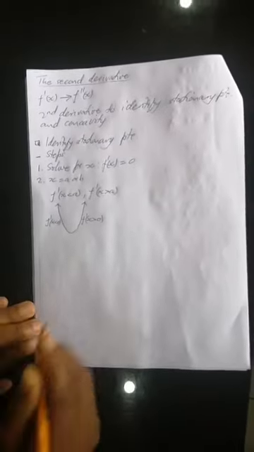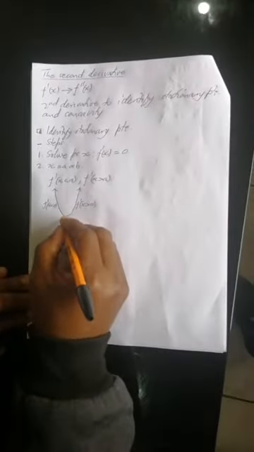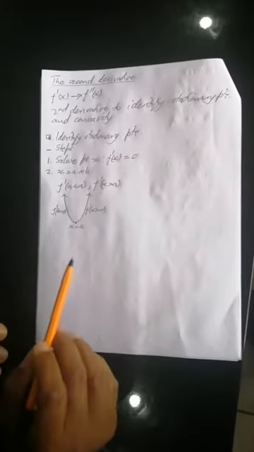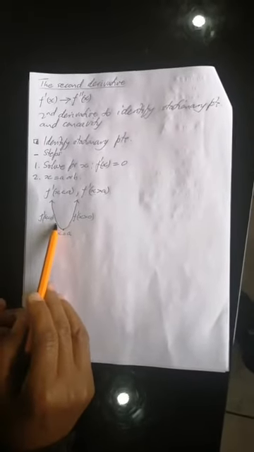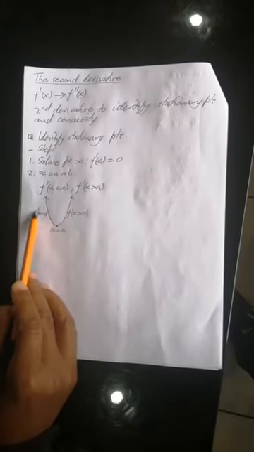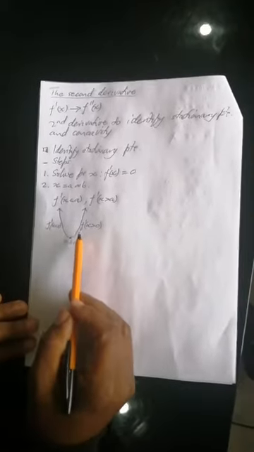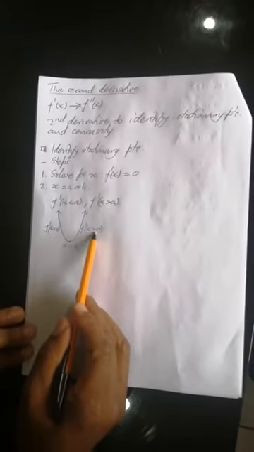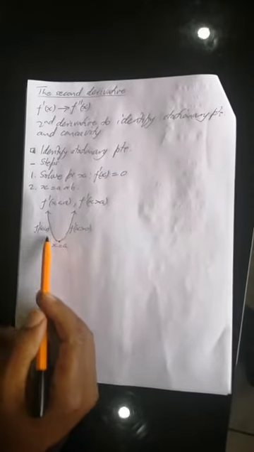Please take note of that, where at this point we have x is equal to a. So this side has a negative gradient, because remember, f dash is the gradient from our previous study. And on this side f dash is positive, which means it's increasing. This part is decreasing, that part is increasing.